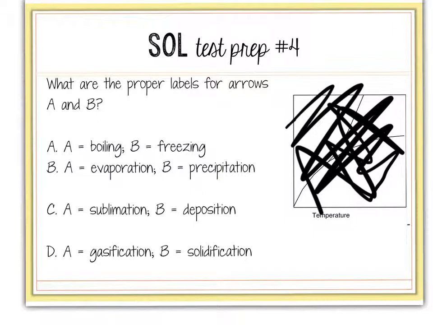So I want you to tell me the proper labels for arrows A and B. Again, look at your paper and try to determine this answer. Is it A, A is boiling and B is freezing? Is it B, A is evaporation and B is precipitation? Is it C, A is sublimation and B is deposition? Or is it D, A is gasification and B is solidification?